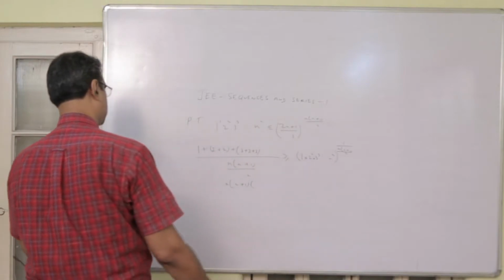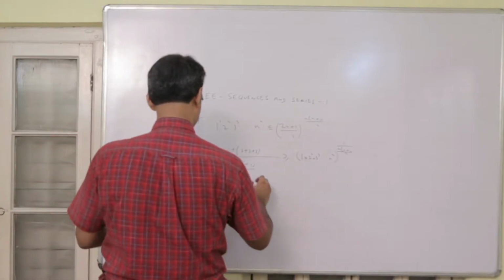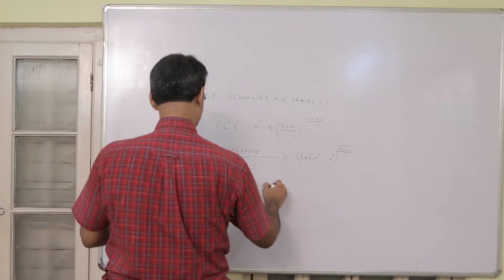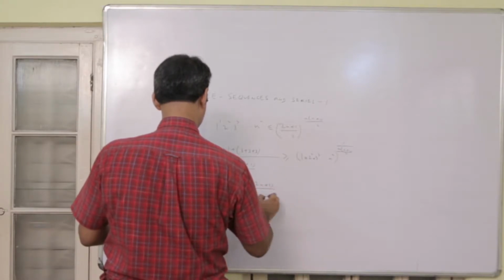Now the series in the numerator is the sum of the squares of the first n natural numbers.